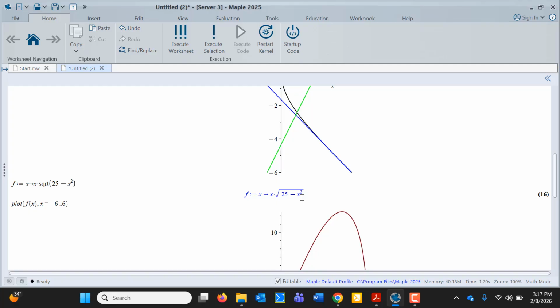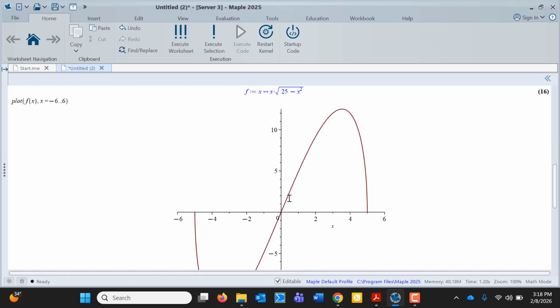And square roots can become undefined when the number underneath becomes negative. If we try to plug in a 6 or a negative 6 for x here, there's going to be something negative underneath that square root. So the domain of this original function f is only the numbers between negative 5 and 5, which you can see from this graph.